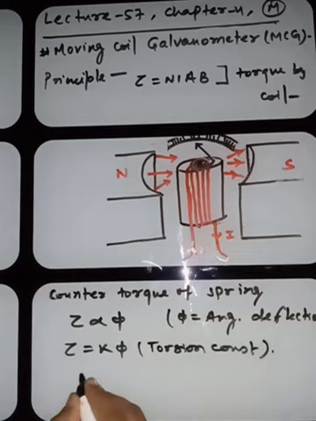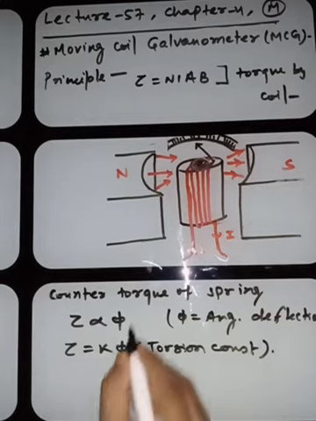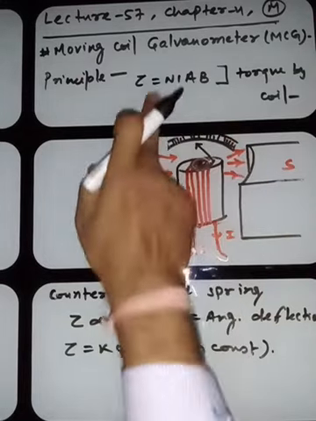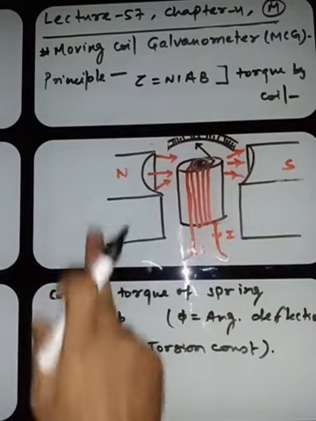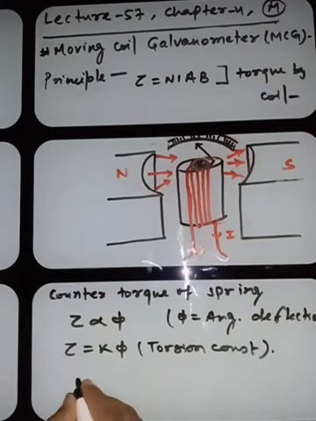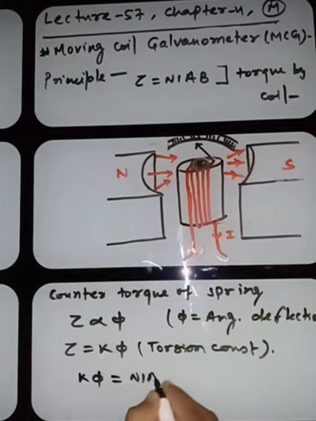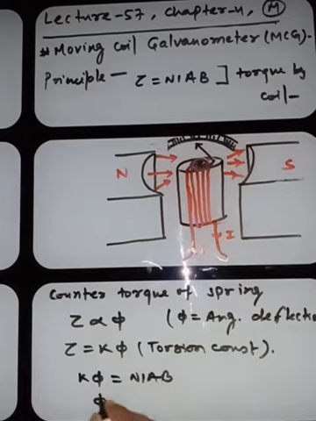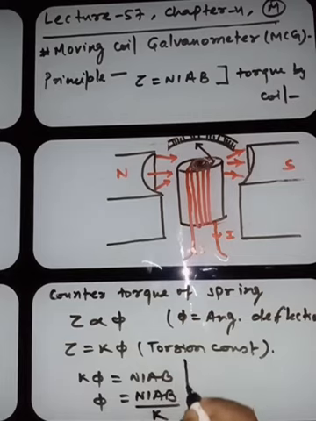This torque will be equal to the other torque, because it is being balanced by the counter torque. So k phi equals N I A B. So you can find the deflection: phi is N I A B by k. Now, what are the constants?